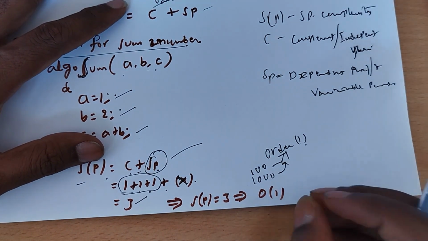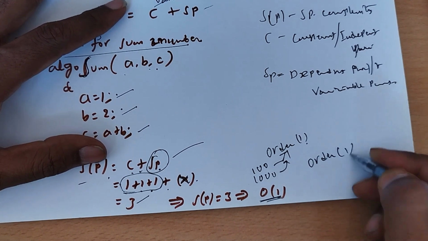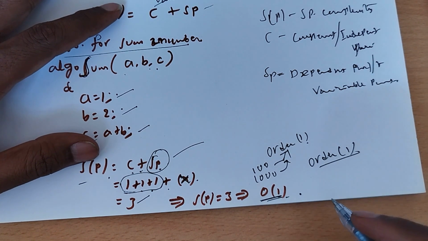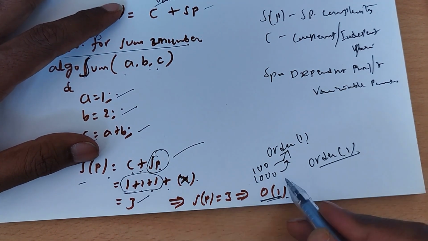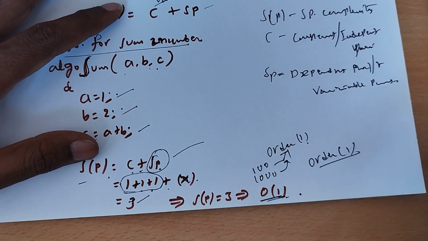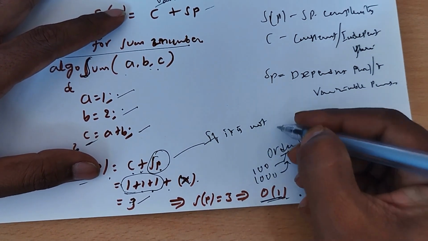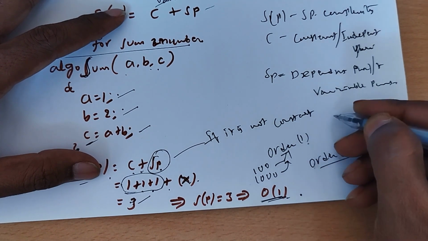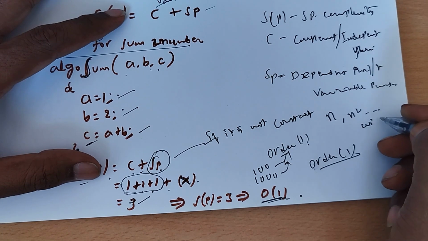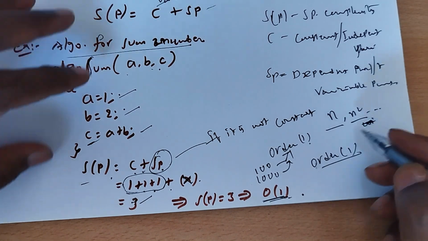If it is a constant, we have to write order of 1. And if it is not a constant value, then we have to write n square, like that, for the space complexity.